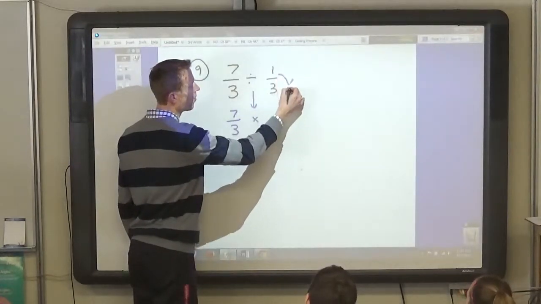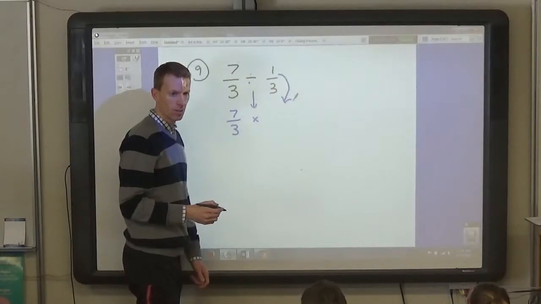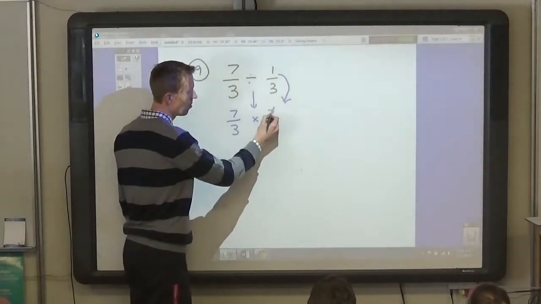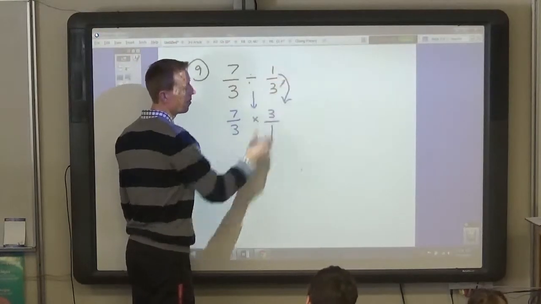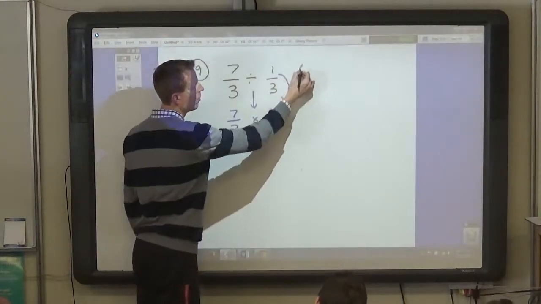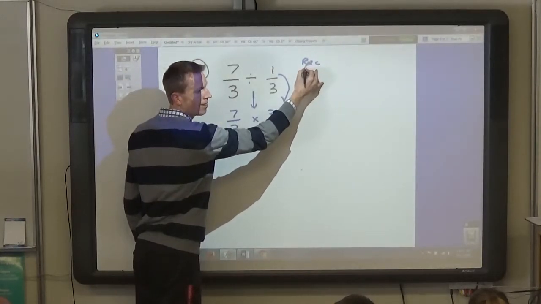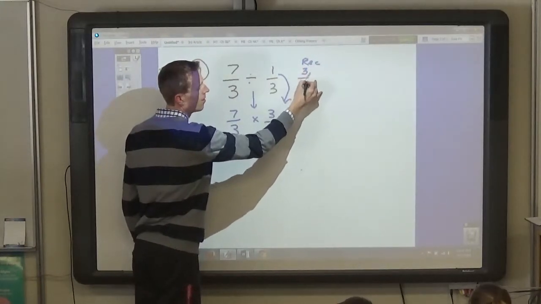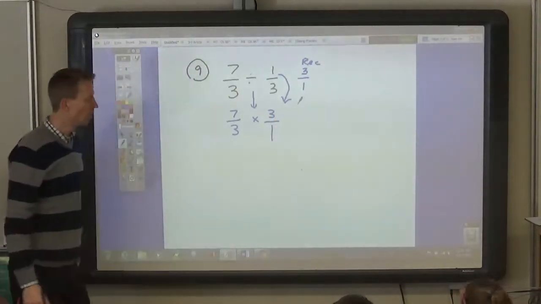So from 1/3, we have to change it to 3/1. We have to flip this upside down. The reciprocal of 1/3 is 3/1. We have to use that number and multiply.